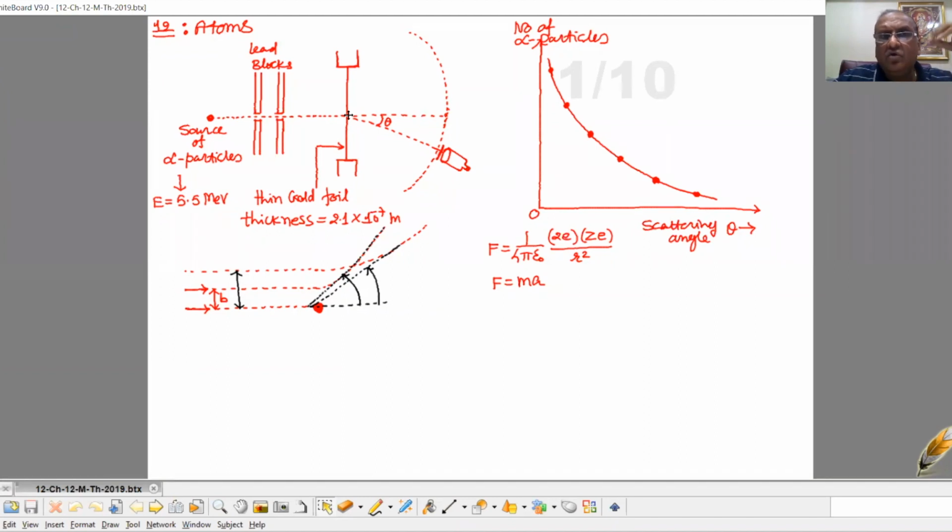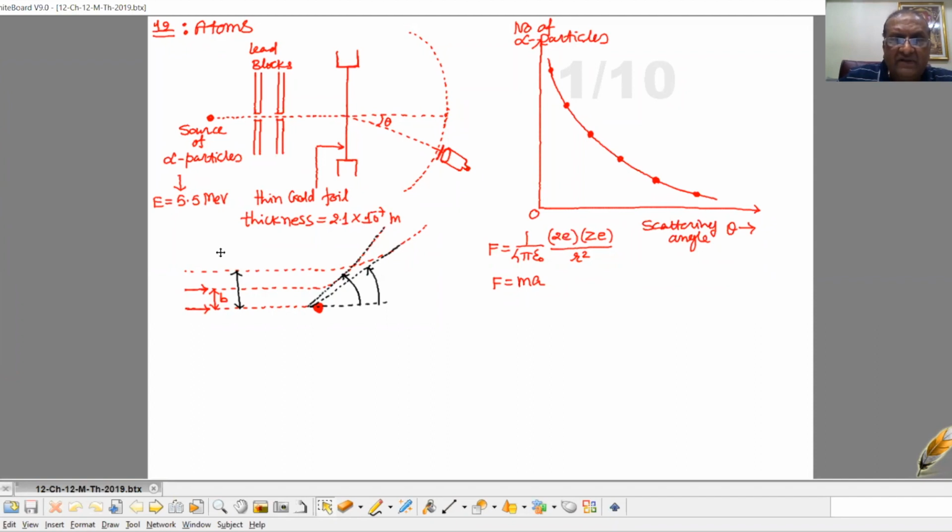Okay, so all these things he concluded from this, and by considering this, theoretically he calculated the trajectory of alpha particles. So here the trajectory of the alpha particle depends on the impact parameter of the collision. Now impact parameter means what?